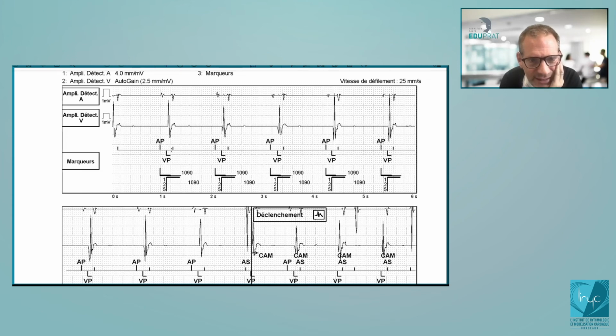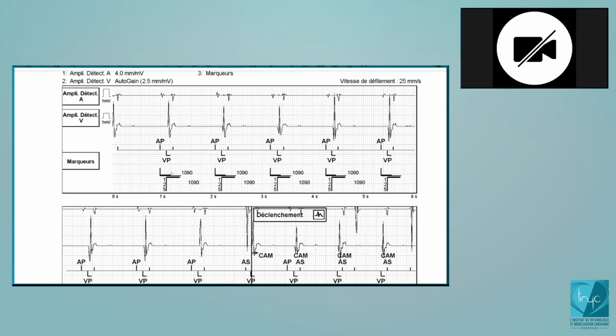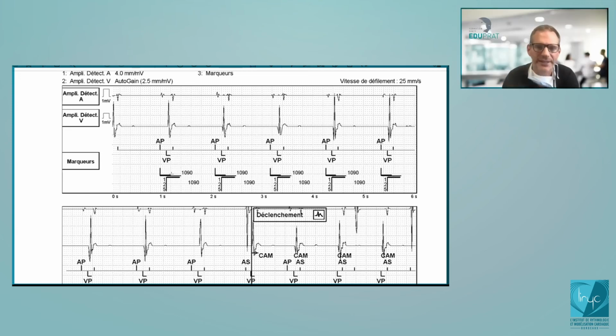So you see that this signal, where is it? In which period? In the pivot, yes. This is in the pivot. You see here, when you pace the atrium, there is a blanking. And then when you pace the ventricle, at the level of the atrium, there is a blanking also. So the PVAB here. But your signal has been detected inside the PVAB.